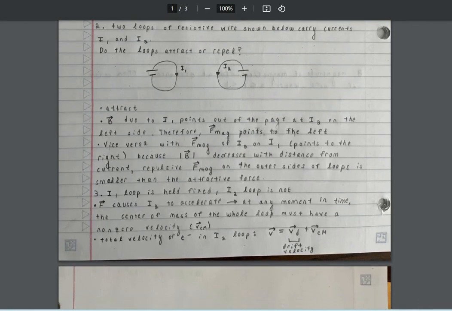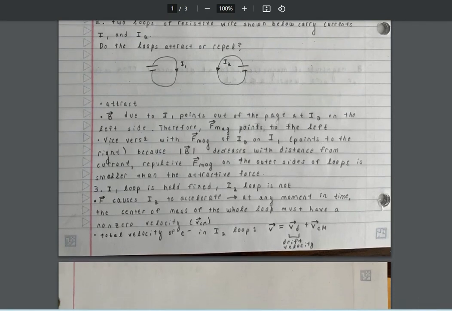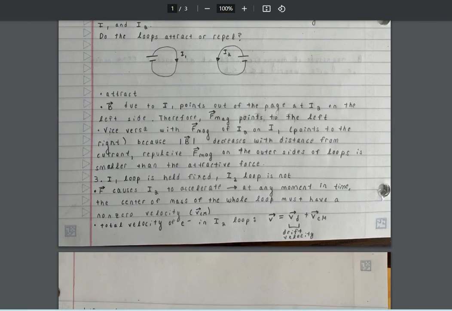All right, so for the second question, we're given 2 loops of resistive wire that carry currents I1 and I2. And so we're trying to find if the loops attract or repel. So in this case, they would attract. The magnetic field due to I1 points out of the page at I2 on the left side. Therefore, F mag points to the left, and vice versa with F mag of I2 on I1, which points to the right.